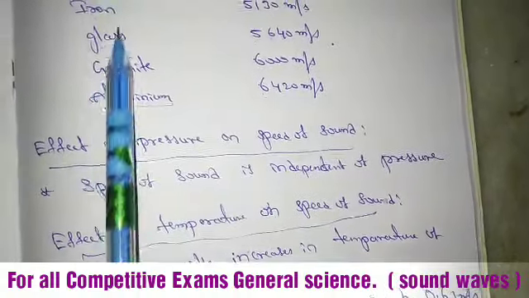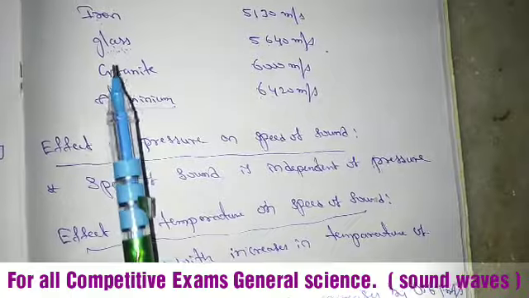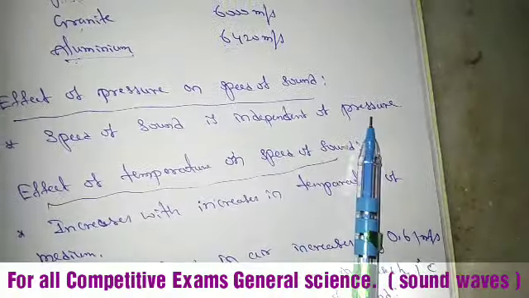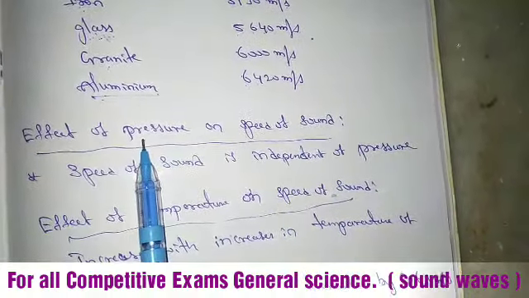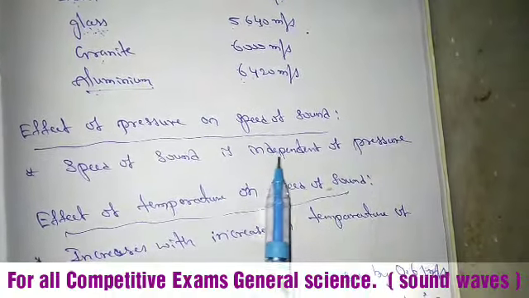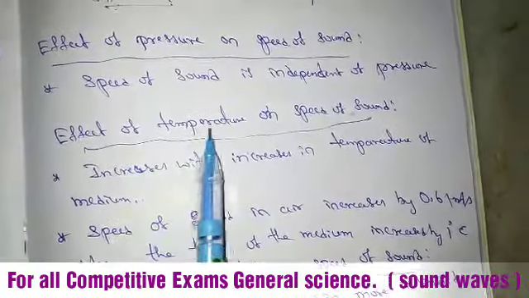In any medium, air medium, water medium, or any solid medium, the speed of sound is independent of pressure. It means it is unchanged. With an increase or decrease in the pressure, the speed of sound is unchanged. And the next one is temperature.